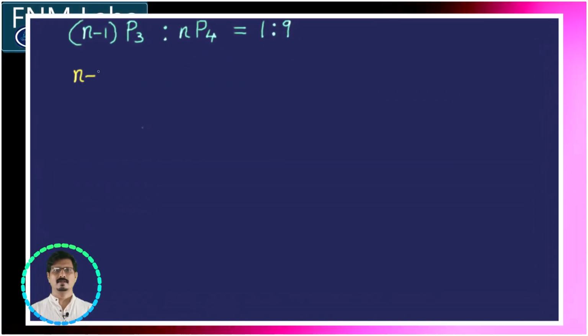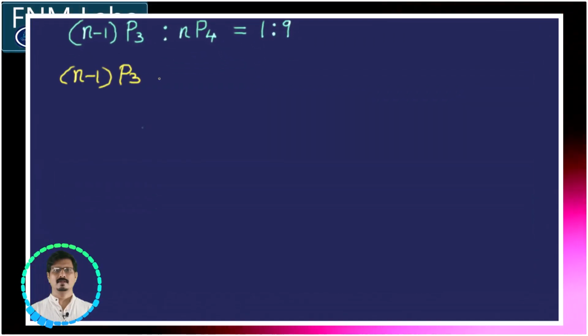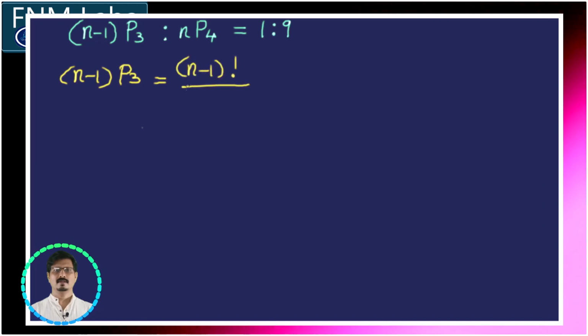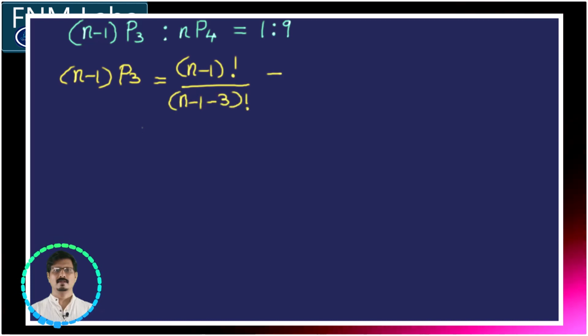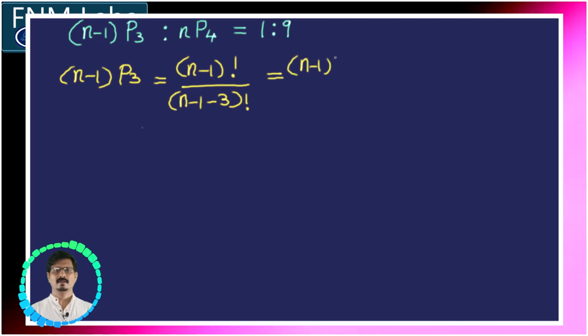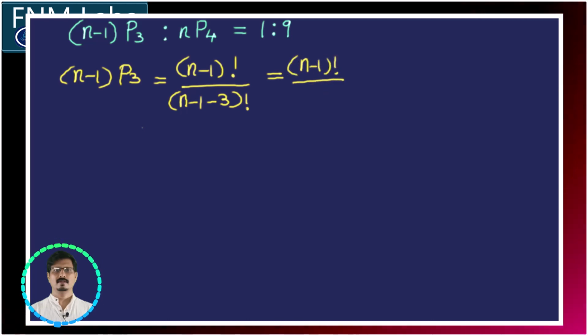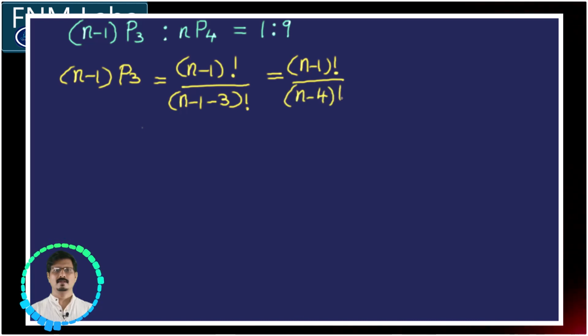Now, expanding each of these terms of the ratio separately, taking the first term n-1 P 3, from the definition of permutation, it is n-1 factorial divided by n-1 minus 3 factorial, that is equal to n-1 factorial by n-4 factorial.